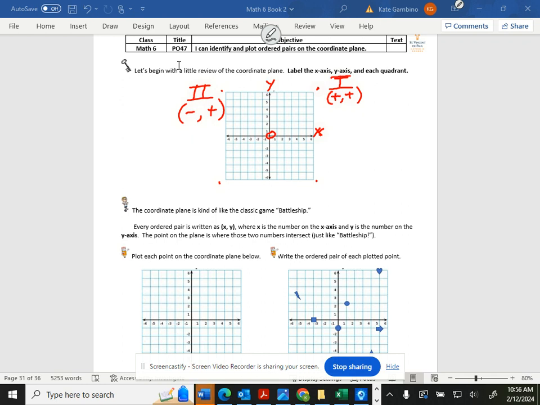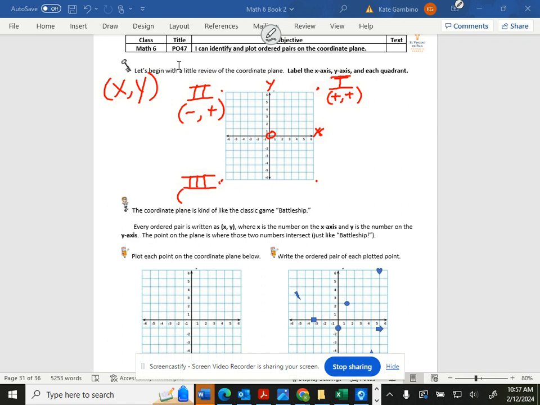Now we come down to quadrant 3. So our ordered pairs are always x, y. Always, always, always like the alphabet, x, y, z. X always comes first. So quadrant 3, are my x's positive or negative?